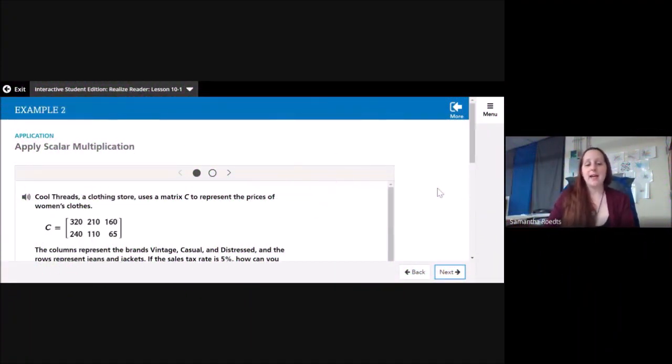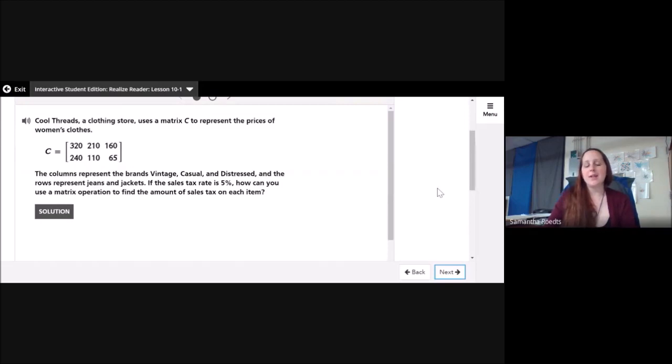Example 2, apply scalar multiplication. Cool Threads, a clothing store, uses a matrix C to represent the prices of women's clothes. So here's my matrix C: 320, 210, 160, 240, 110, 65. The columns represent the brands, vintage, casual, and distressed, and the rows represent jeans and jackets.